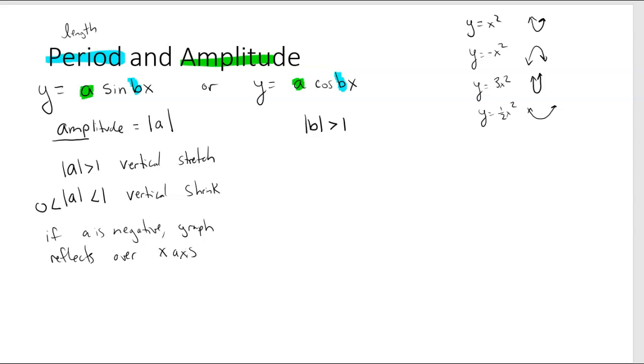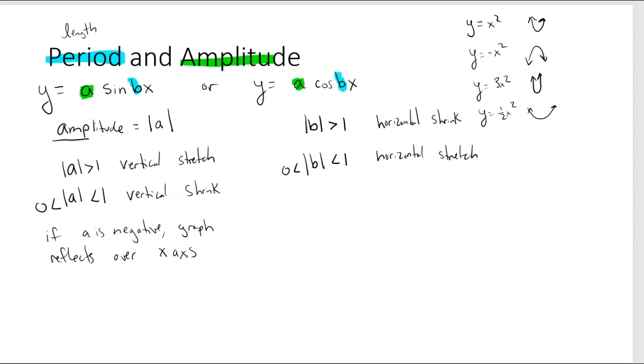So your B value, instead of a vertical stretch, does a horizontal one. When it's greater than 1, it's a shrinkage. And when it's in between 1 and 0, it's a horizontal stretch. So again, it's making it wider or making it skinnier, right?